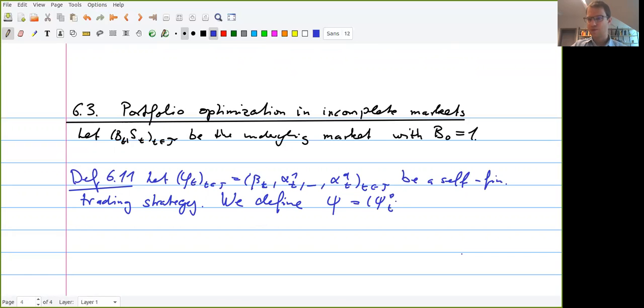This corresponds to the amount we have in the risk-free asset, and then we have the different amounts in the risky assets.